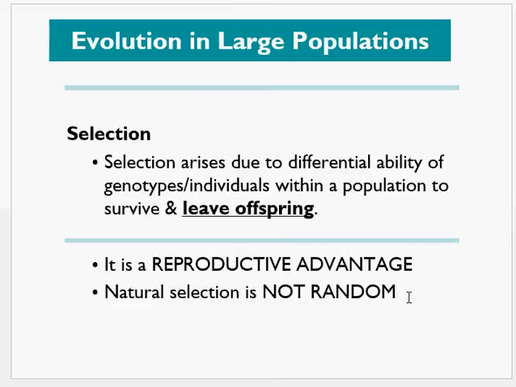So if you have an example, for instance, of a small mammal like a rabbit in a snowy environment where everything is white, the rabbits which are white in color or have white fur will tend to survive better because they are more camouflaged, and because they survive better, they will leave more offspring and therefore contribute more to the next generation.